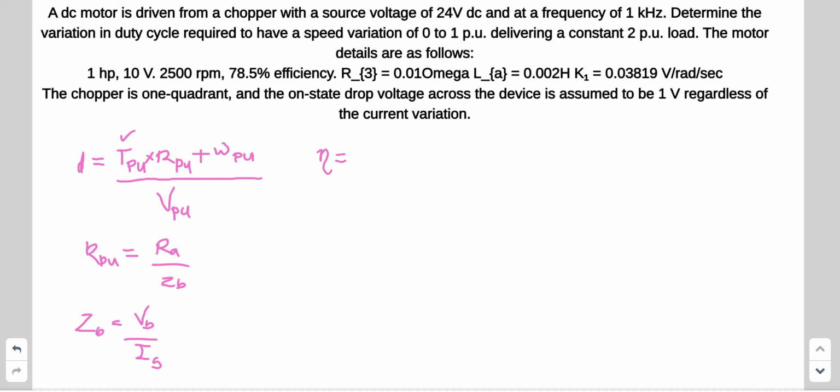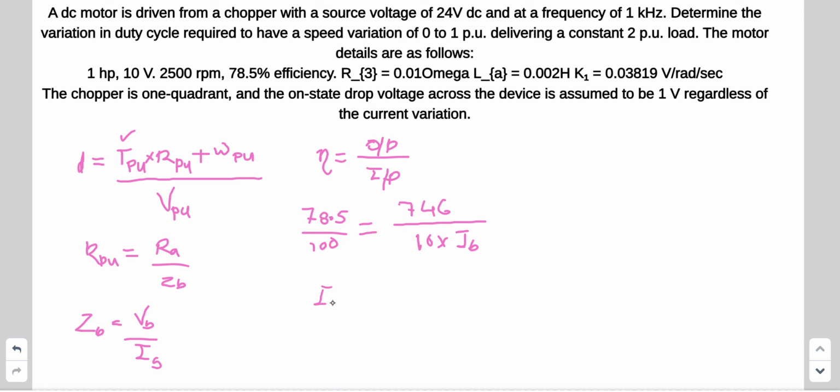Efficiency is the output power divided by input power. Efficiency is given as 78.5%. The output is 1 HP, and 1 HP in watts is 746 watt. The input power is V into I, so 10 volt into I base.